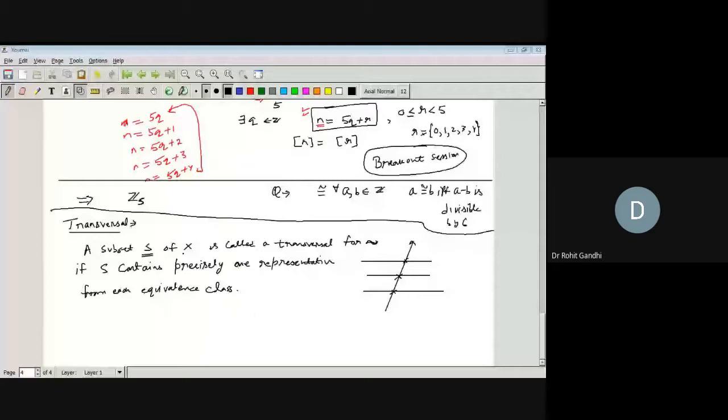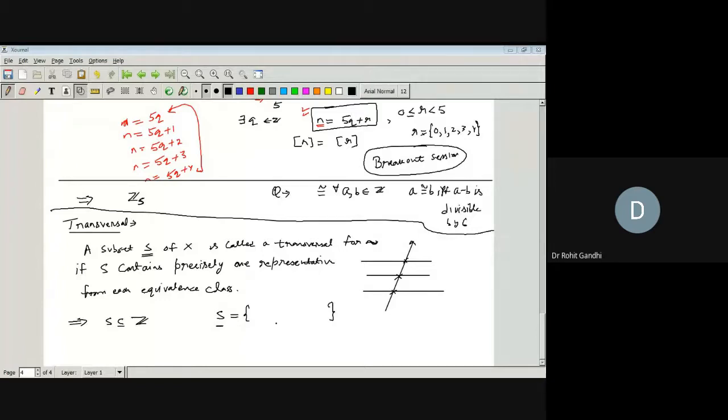If we talk about our above example, we have a set of integers and we have to find a subset S of Z such that the set contains precisely one element of each equivalence class. हर एक equivalence class का एक element इस set में हमें नजर आना चाहिए, right? So what is that set? Can anybody tell me what is the transversal of the above example?